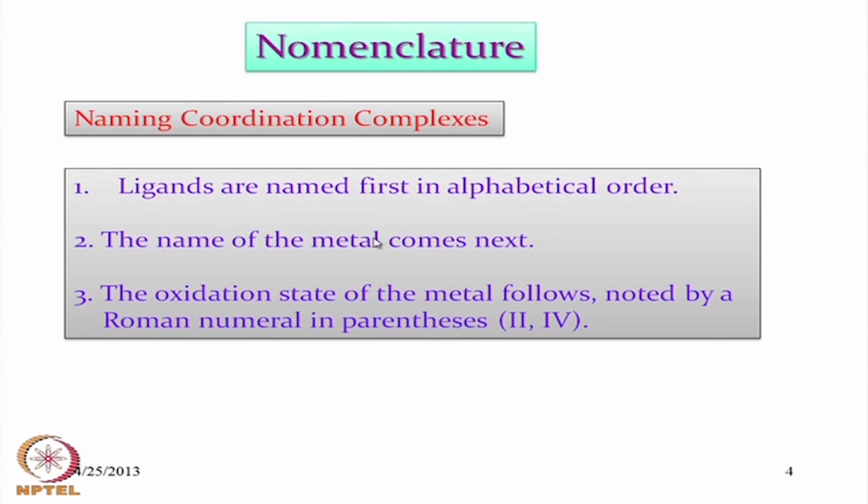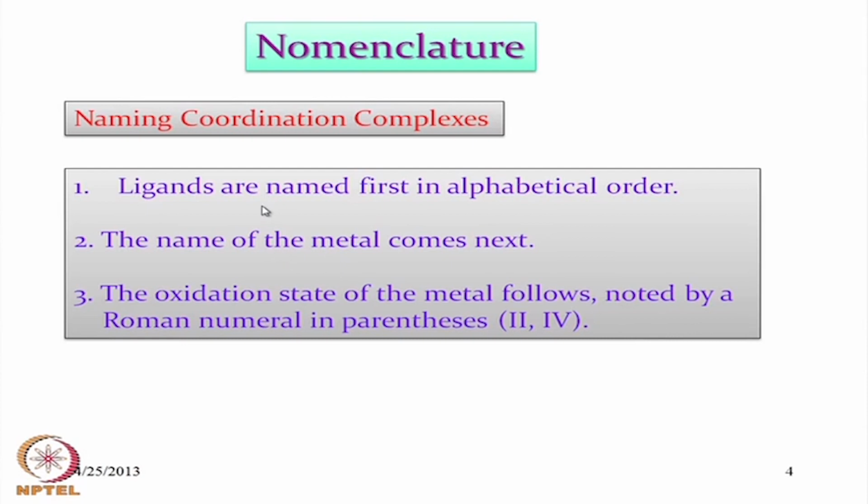So, what we do, we first focus our attention on the ligands, and ligands should be named in alphabetical order. Depending upon the name of the ligands, we will name them in alphabetical order, one after another. This is during the naming, which would be completely different when we write the formula, and that is another task, how we write a typical formula for a metal complex.